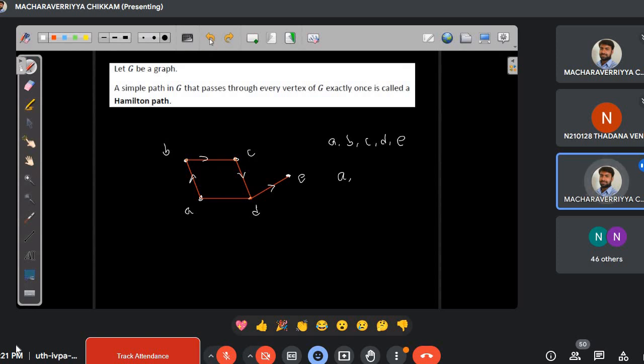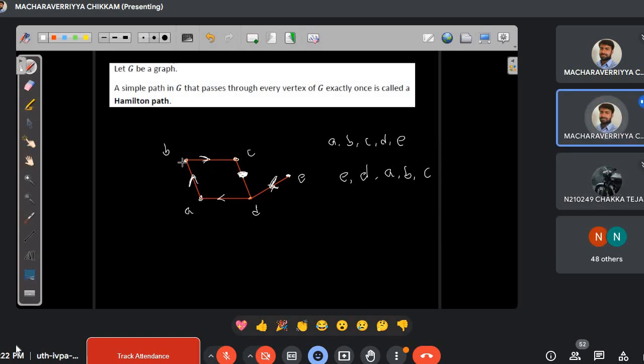Can I have another simple path? Yeah, I hope we can. You start at E: E, D, and then A, B, C. This is another one. It means first you move along ED, next EA, next AB, BC. That's it. You are not traveling on this edge. Now this is another simple path which goes through all vertices of the graph.